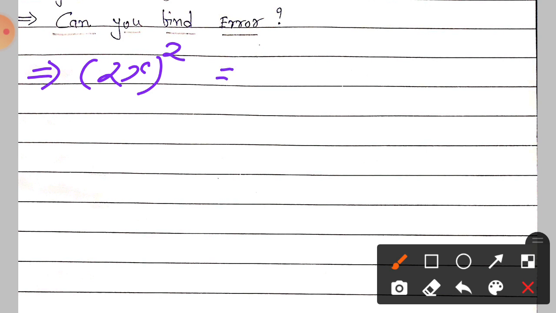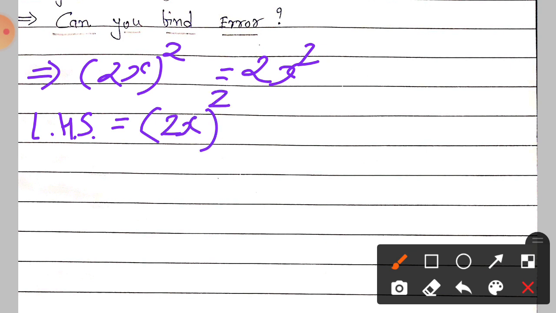2x whole square, so answer is 2x square. Let's check whether it is correct or not. So first what we do, take the LHS. In exponents and powers we know the power is given to the bracket, so it applies to both terms. So the answer is 2 square into x square, that is 4 into x square.